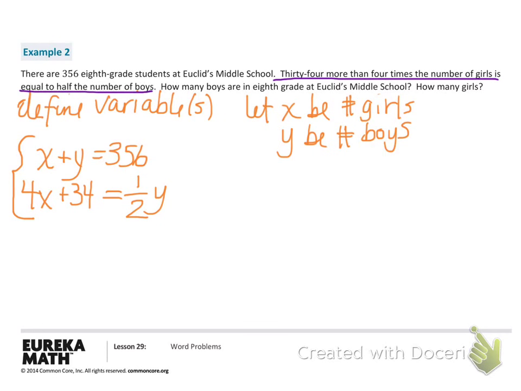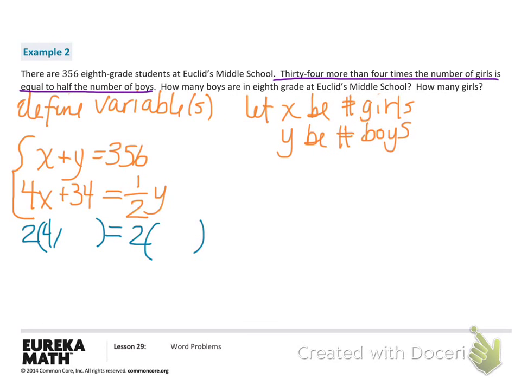Okay, so as I look at these equations, I notice that this second one has the y variable isolated. The only problem is it's got the 1/2 there. If it was y equals something, then I could just put it in for y up here and then solve for x. So that's what I'm going to do. And so I just have to take one step before I can do that. If I multiply both sides of this equation by 2, then I'll get y out of that.